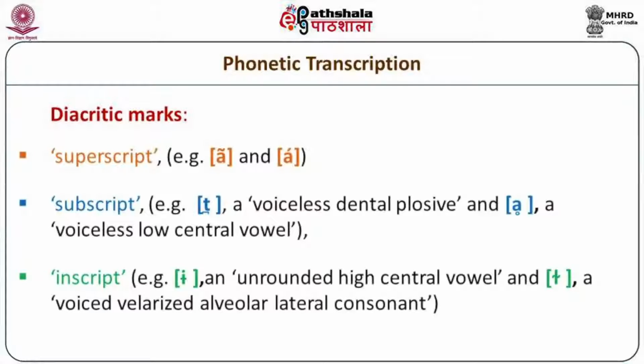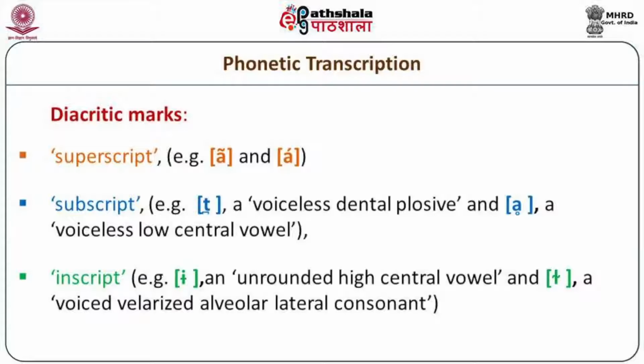If a diacritic mark is placed below a letter, it's called a subscript. If it is placed above a letter, it is called a superscript. If it is placed in the middle of a letter, it is called an inscript. You have the examples for each of them in the e-text of this module. Take a close look at them.